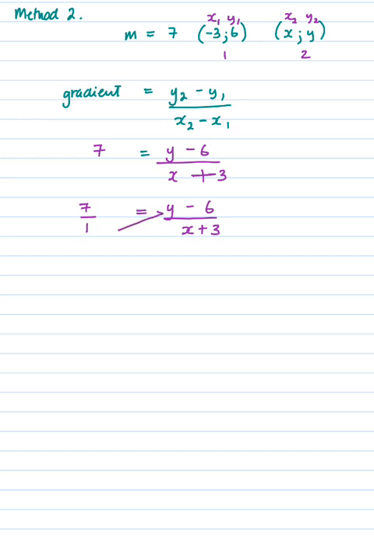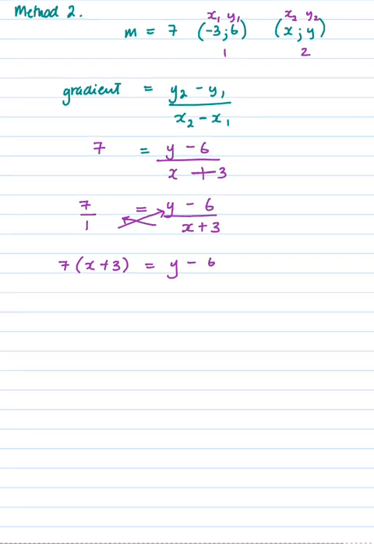So we cross multiply: 7 multiplied by x plus 3 is equal to 1 multiplied by y minus 6.